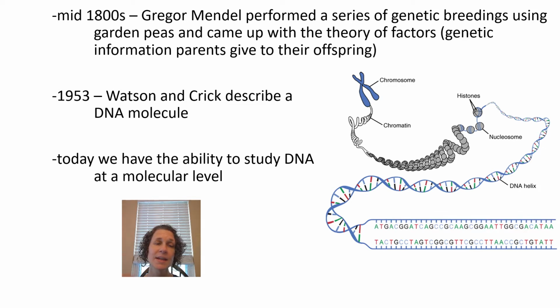Then jump ahead about 100 years, and we had Watson and Crick figure out the shape of a DNA molecule, which became very big because it gave us the next step into studying the molecular levels of DNA and how they change.